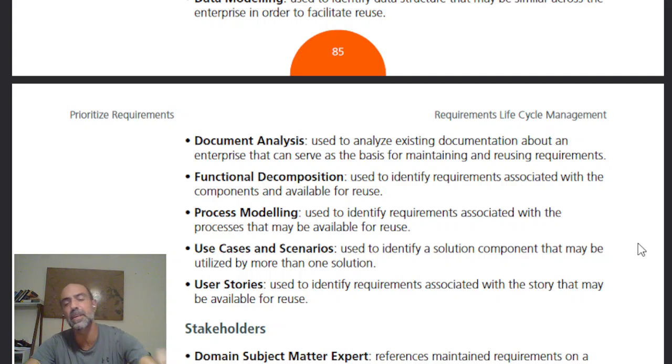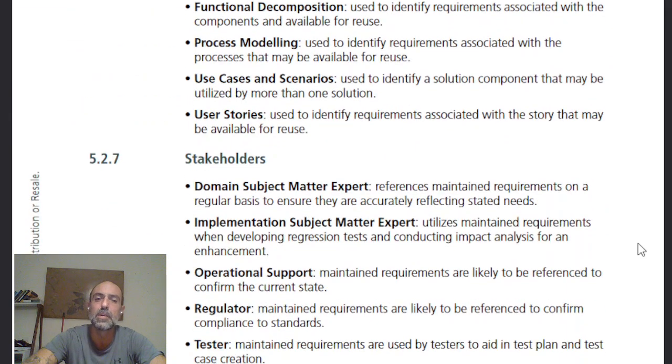It's funny because they're really considering that requirement, where it fits, how it fits, when it fits. Use cases and scenarios, used to identify a solution component that may be utilized by more than one solution. And user stories, used to identify requirements associated with a story that may be available for reuse.